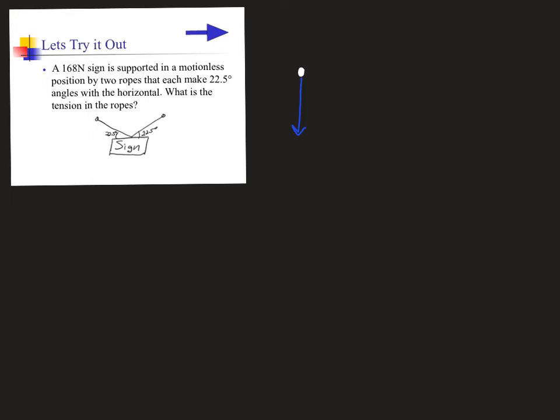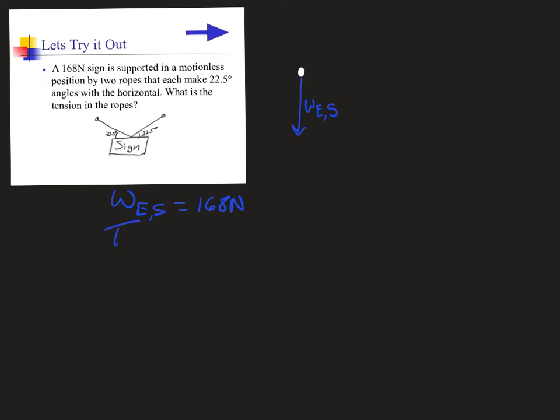We know that the sign has a weight of Earth on the sign, and the weight of Earth on the sign is equal to 168 newtons.